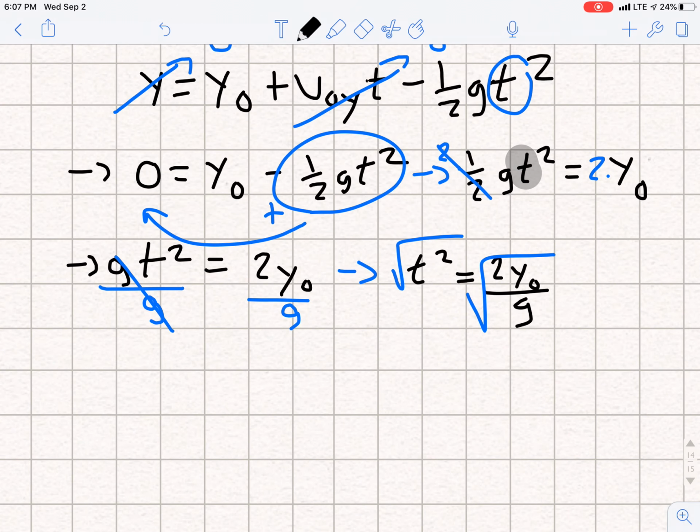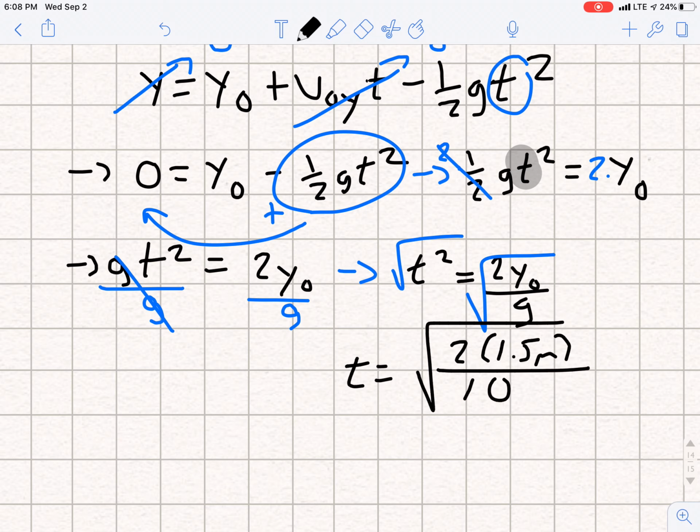And if we plug in our values, for time it takes to fall over the edge, 2 times 1.5 meters is 3 over 10. Well, 3 over 10 is a third, and if I take the square root of a third, I get approximately 0.55 seconds. So it takes approximately 0.55 seconds for Tom to fly through the air.